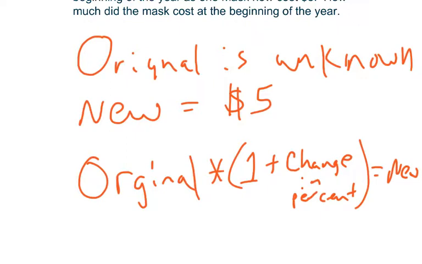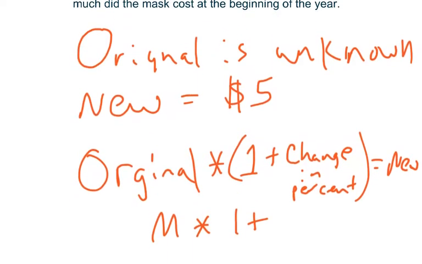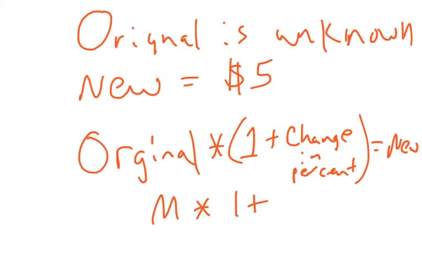So the original is an unknown, so we'll just use M for the mask, times 1 plus, in this case, 1.5 equals new. Now, why are we using 1.5?